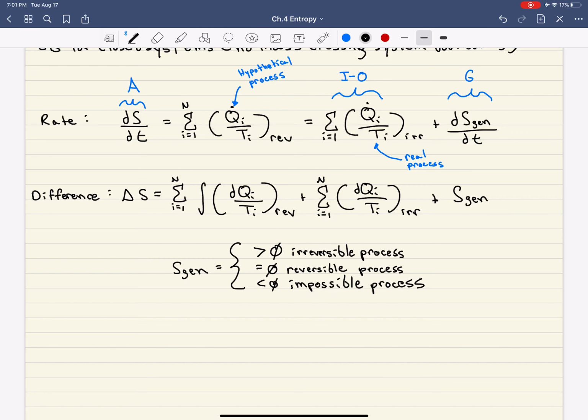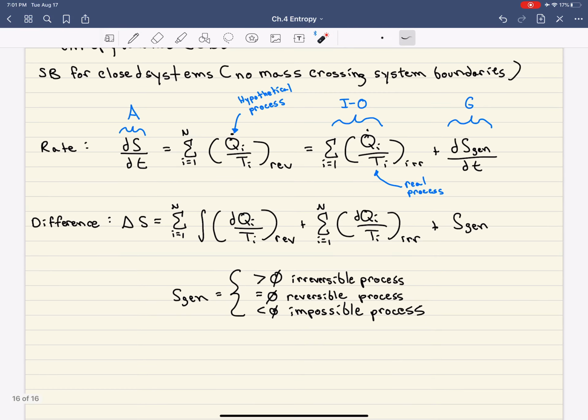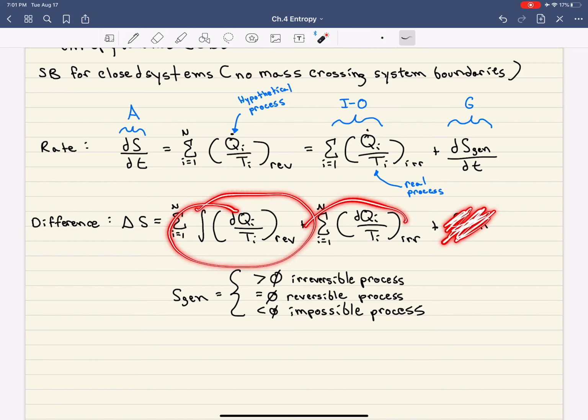To make this a little more clear, if your S_gen is equal to 0 and this term goes away, then this is equal to that. And so S_gen equals 0 describes the reversible process.